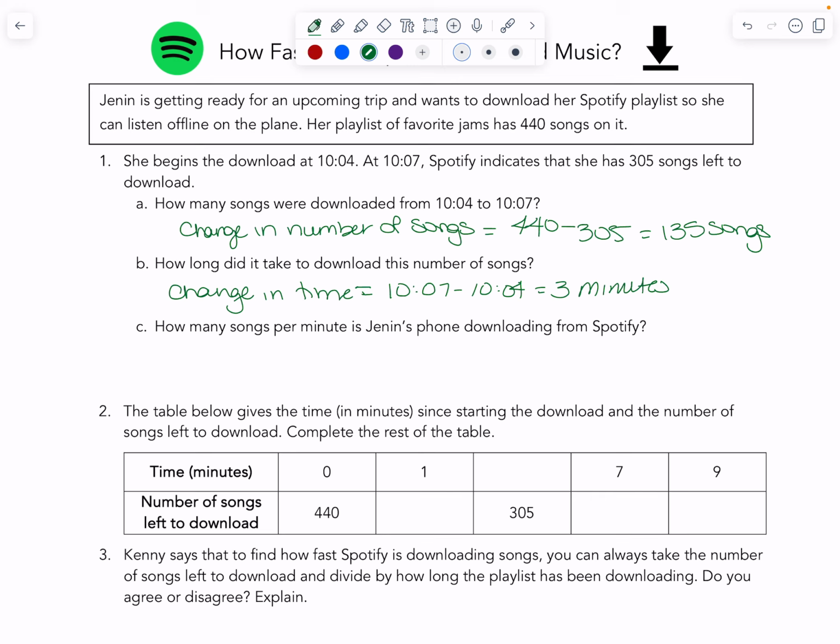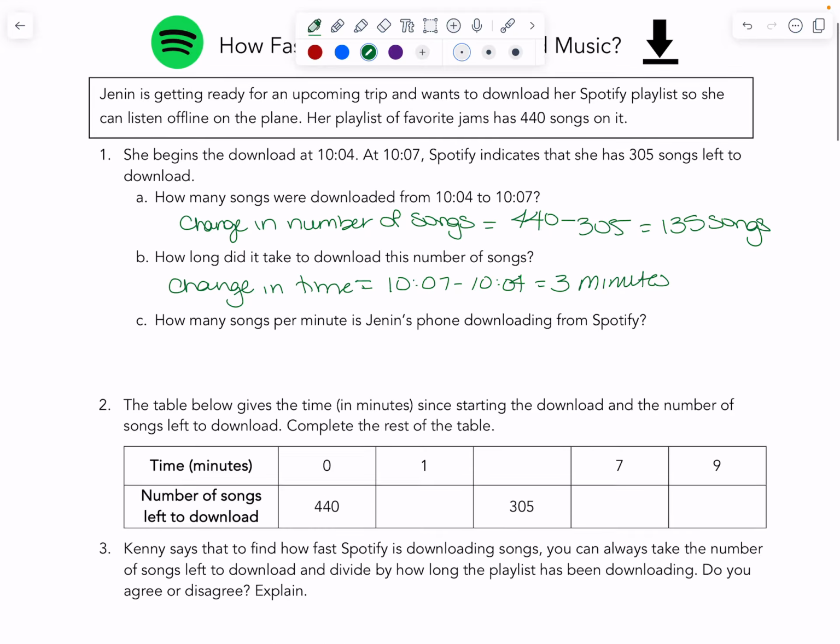So now we're going to do C. How many songs per minute is Jenin's phone downloading from Spotify? So go ahead and pause the video. Okay, so what I wanted is the rate.